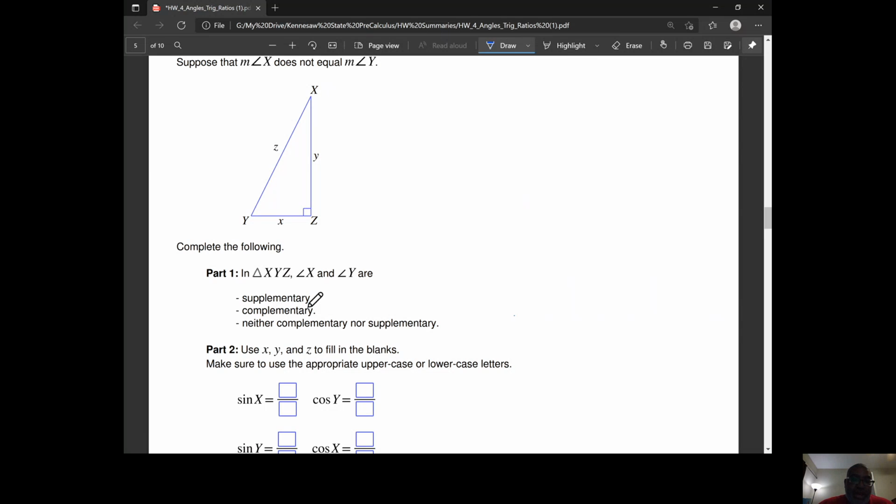Complementary means that they add to 90 degrees. So if you look at a triangle, all the angles, angle x plus angle y plus angle z is equal to 180 degrees, right? But we know that angle y is 90 degrees. So we get rid of him and subtract 90 from this one.